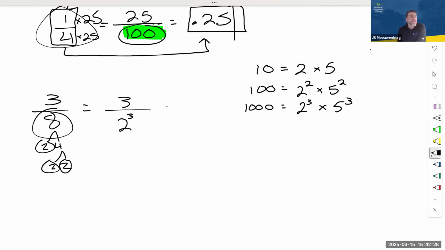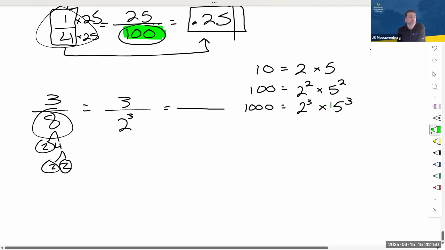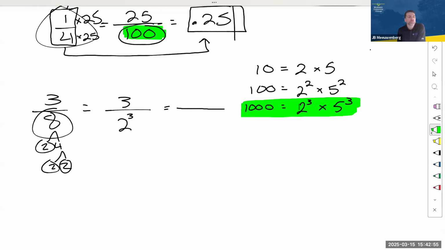So, is there a way that we could take 3/8 and write it as a fraction with a denominator that's a power of 10? Notice what we have right here. I can grab my highlighter. Notice this last one right here. 1,000 is equal to 2 to the third times 5 to the third. We have a 2 to the third because of that 8.